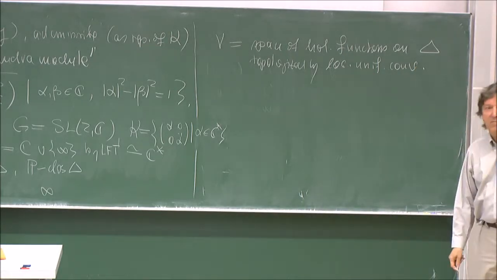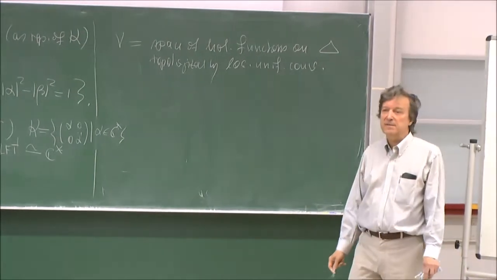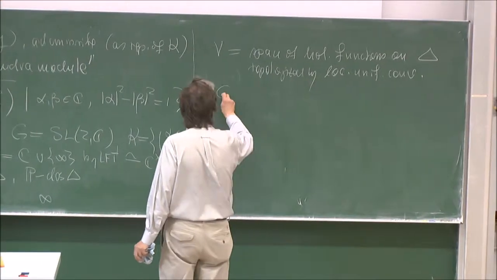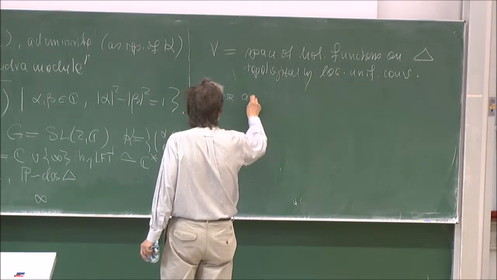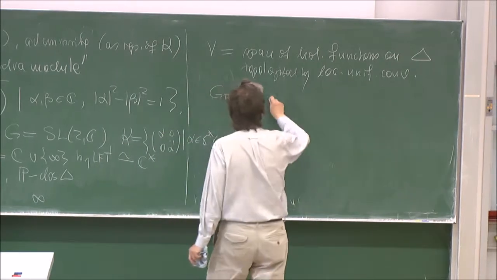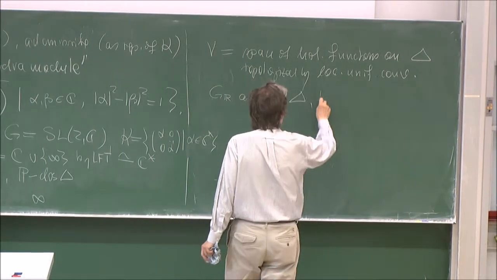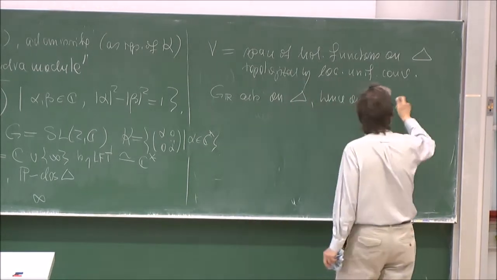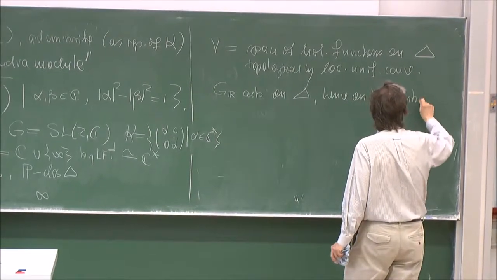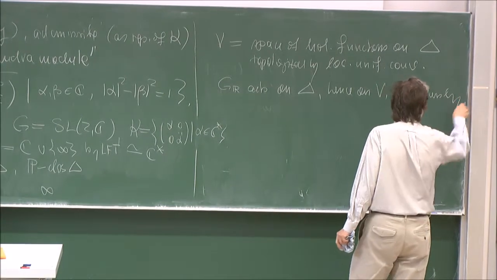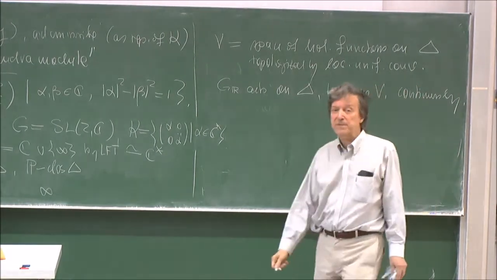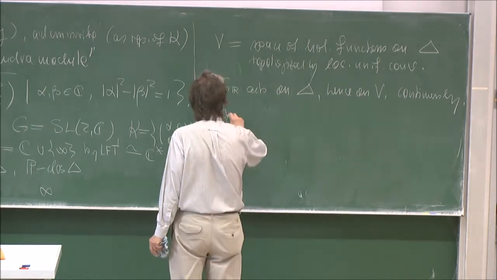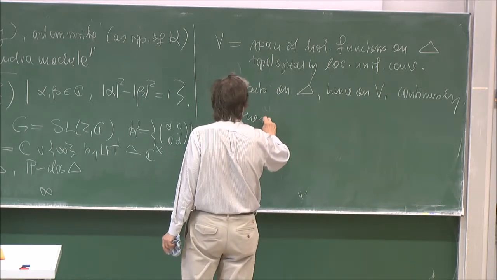So that makes it a complete locally convex Hausdorff space. And so G_R acts on the disk and hence on V. And it's easy to see that this action is continuous. So we get a representation, the resulting representation.